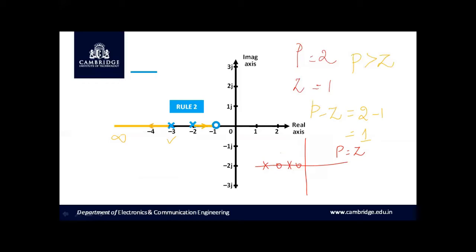So in this example, it starts from an open loop pole and terminates at a zero. And similarly, the other pole starts from this open loop pole and it will be terminating at a zero. So in this case, none of the poles is going to terminate at infinity as p is equal to z. So almost we have analyzed the different cases and we have justified rule number 2. Let us move on to the next rule.